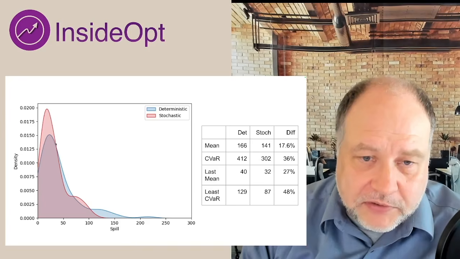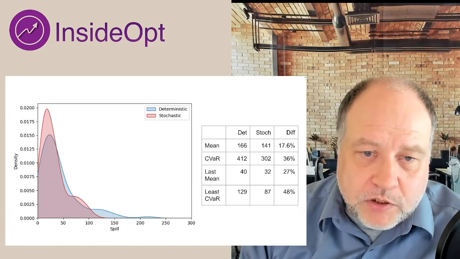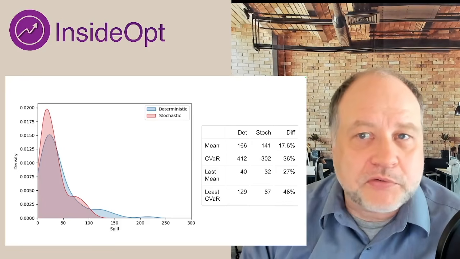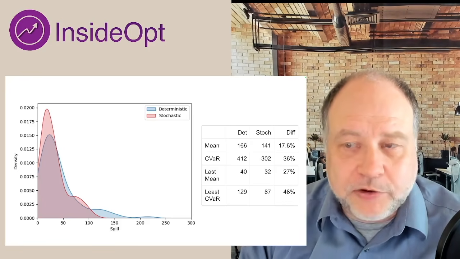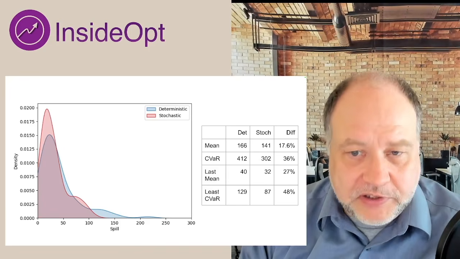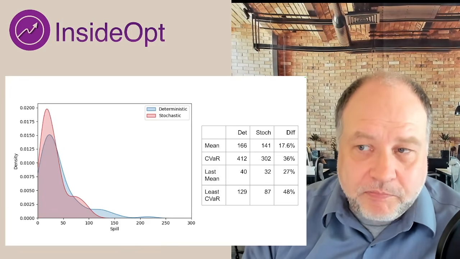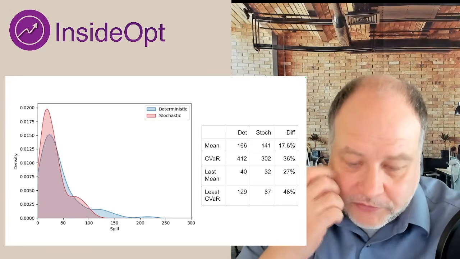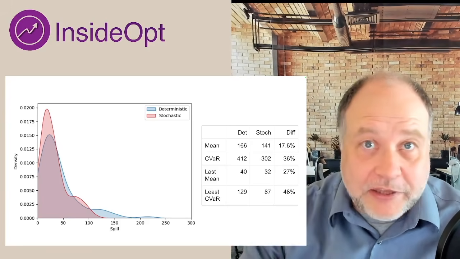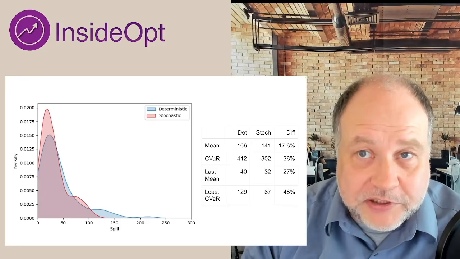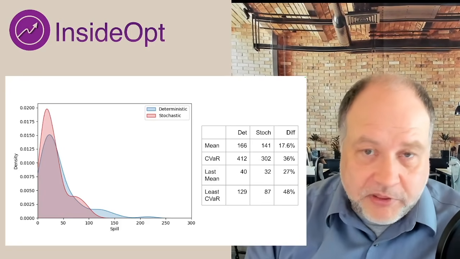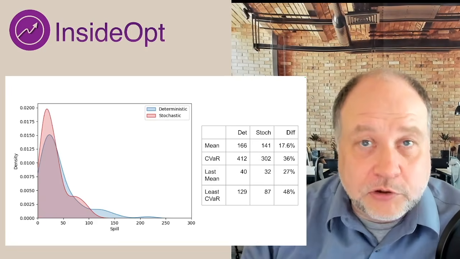So it shifts everything towards lower amounts of spill with higher probability, which of course drives down the expected value and also the CVaR in the tail. You see that this is more pronounced here because, you know, if you're not doing well on day number 1 and then you're not doing as well on day number 2 and so on, that really accumulates because it takes away from the amount of work that you can do the next day.